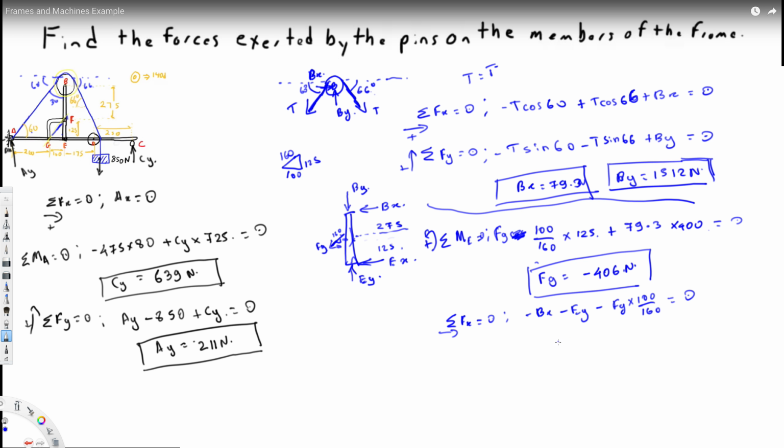This is equal to 0. I know bx, I have to find ex here. So this is fg, then ex is going to be equal to 174 Newton.